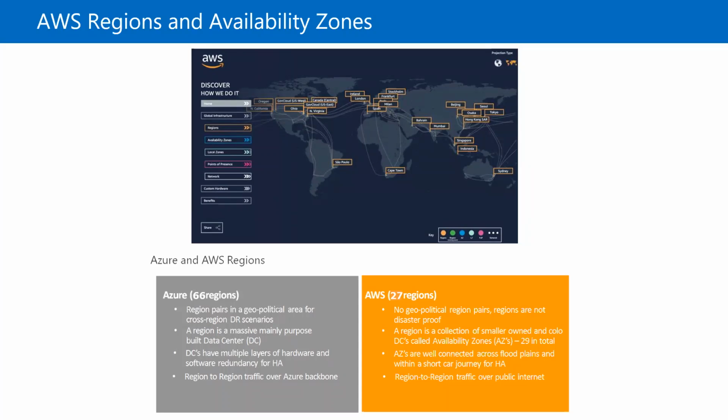Amazon, on the other hand, folks, has something quite similar, but they call these availability zones instead of data centers. It's the same. The difference is that the availability zones could be shared between regions in Amazon. For example, if you can see the map, I know it's a little bit small, sorry, but if you check there, we have Oregon and North Carolina, right, on the east coast of the United States.